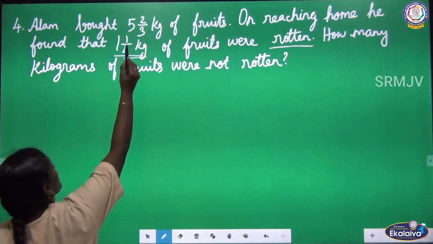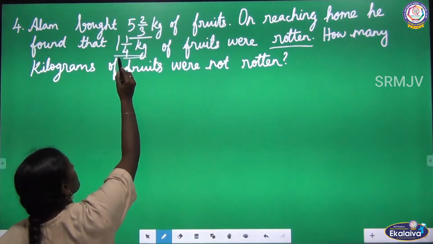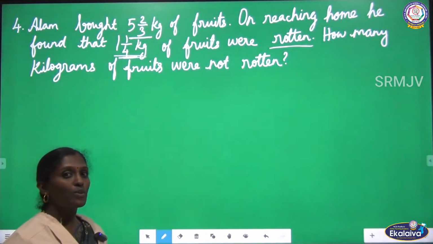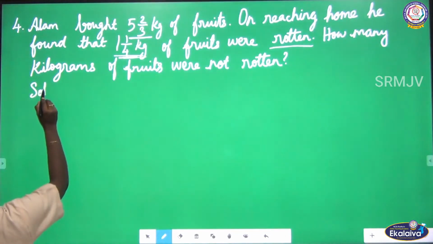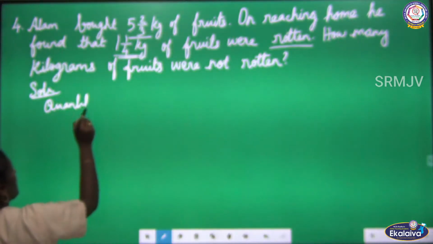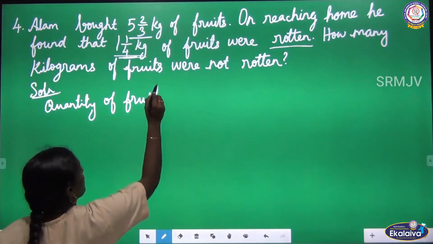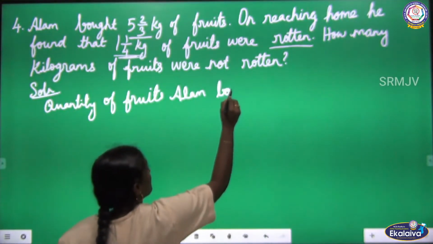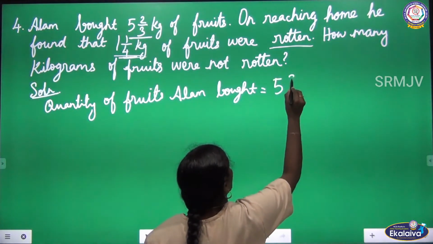Okay, so totally he bought 5 2/3 kilogram of fruits. Out of this, 1 4/5 kilogram of fruits were rotten. To find the remaining fruits, what we have to do? We have to subtract. Okay, let us start the solution. Here quantity of fruits Alam bought is equal to how much? 5 2/3 kilogram.